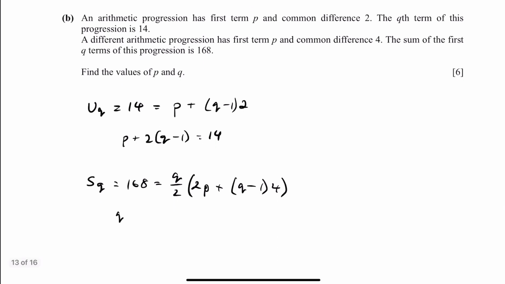We can say, therefore, that here p plus 2q minus 2 is equal to 14. Over here, on this second equation, we got q over 2 times 2p plus 4q minus 4, when you expand the brackets, is equal to 168.